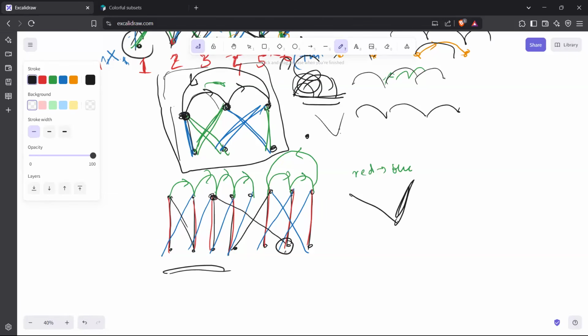So this vertex matches with these. Could you repeat your thing once?